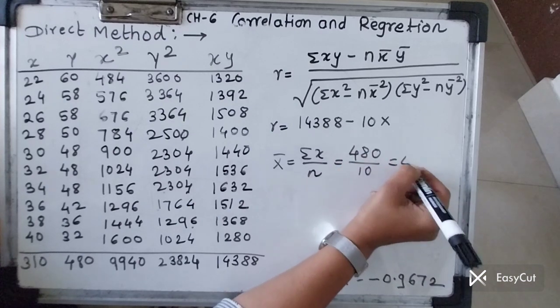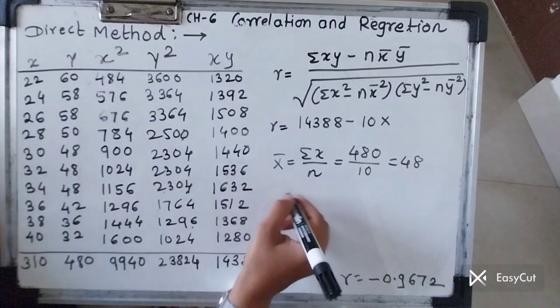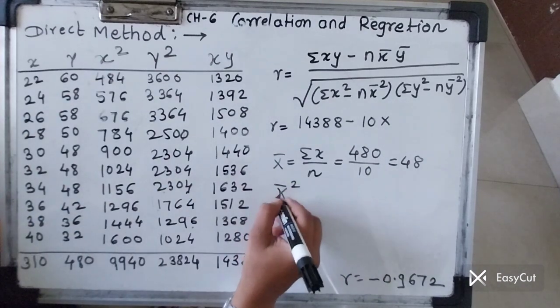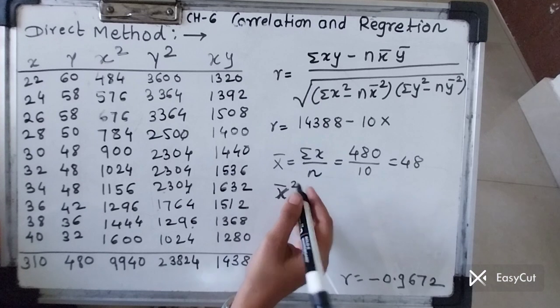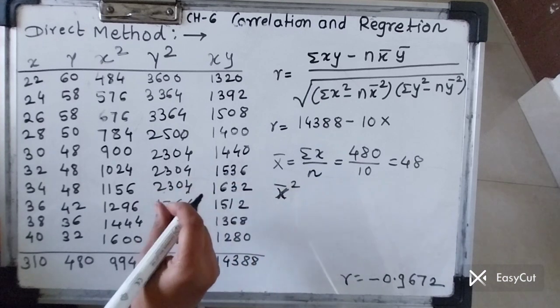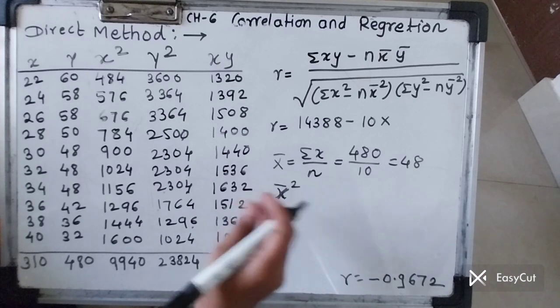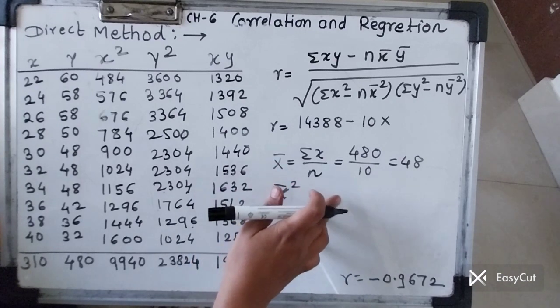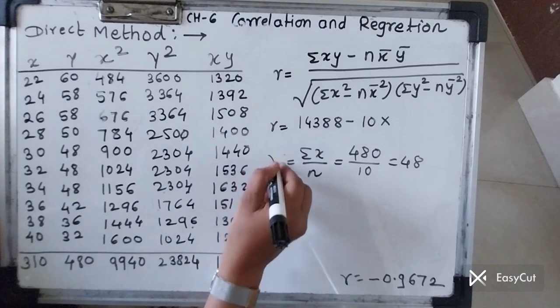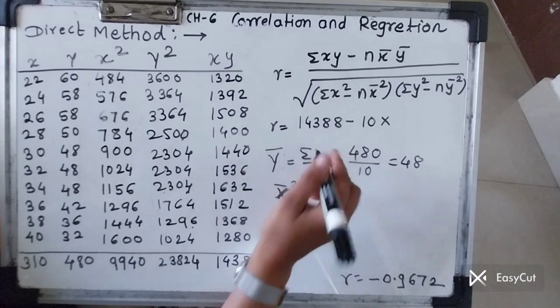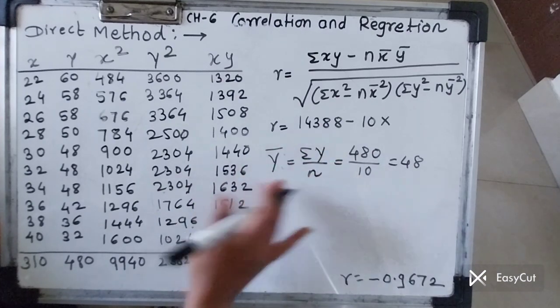So it is 48. Okay, we require summation x square also. This is the summation y. This is y bar.